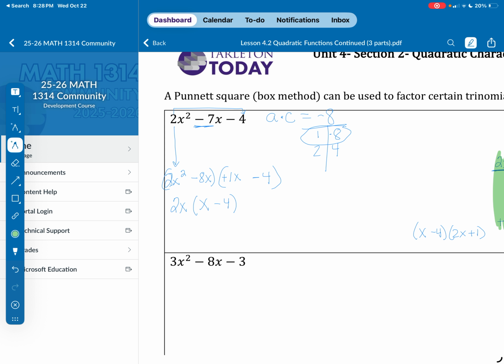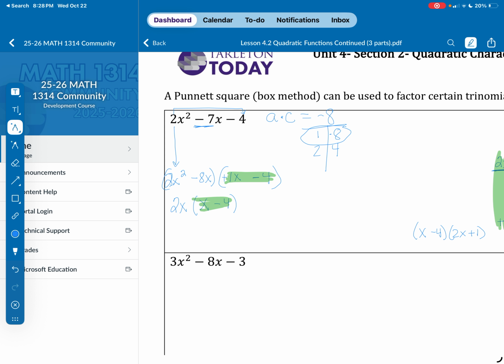And so what you're going to see is that, hey, these already match, which is what we want, but we can't leave it alone. We're not going to have a factor of just 2x. So think to yourself for a second, what can you divide 1x and negative 4 by that gives you the same exact answer? That doesn't change the answer, okay?